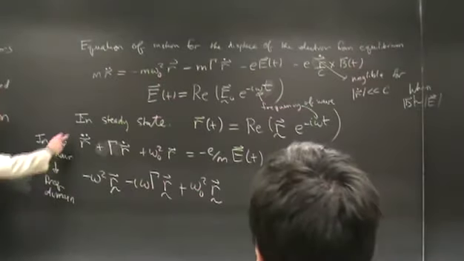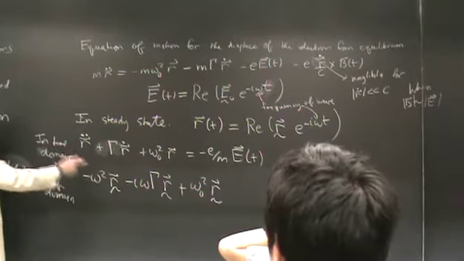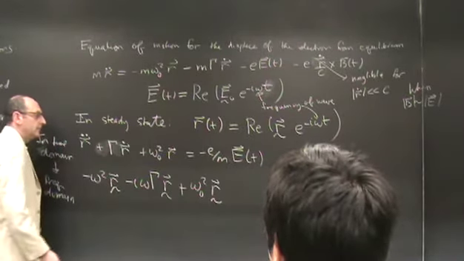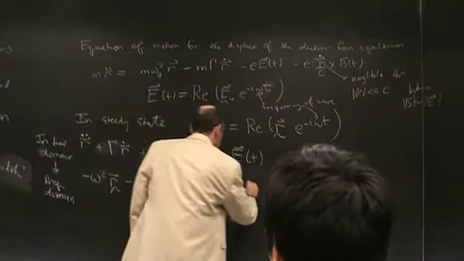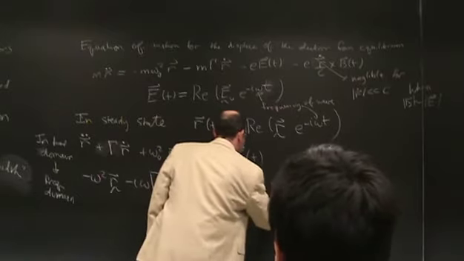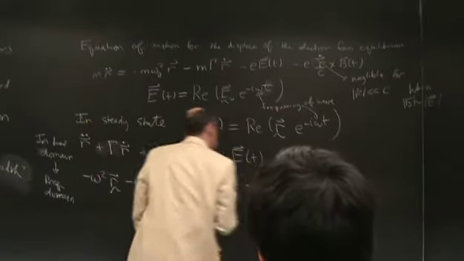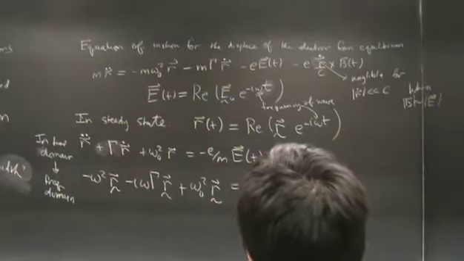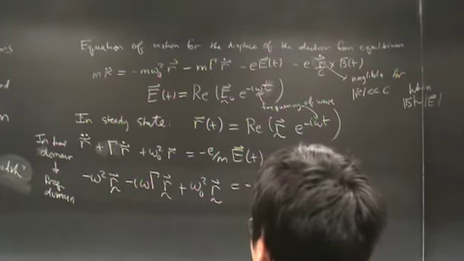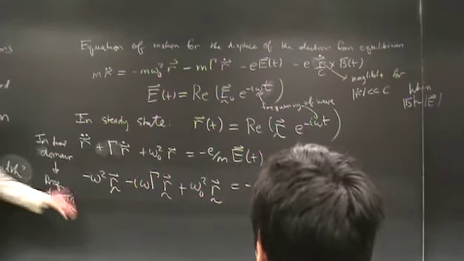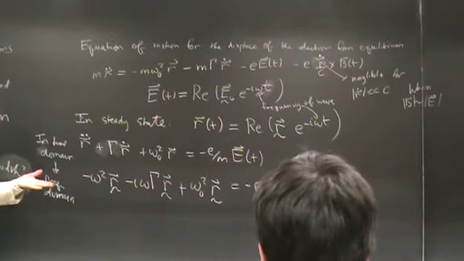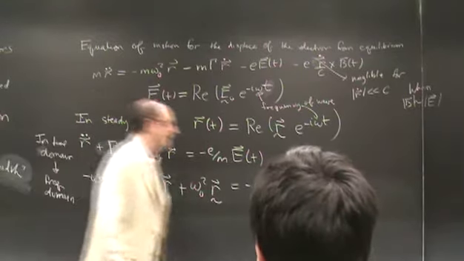So every time derivative becomes a multiplication by i omega, and this is equal to minus e over m E0 twiddle. So we love the Fourier domain because derivatives become multiplication. And we love multiplication. I'm going to get a t-shirt that says that.